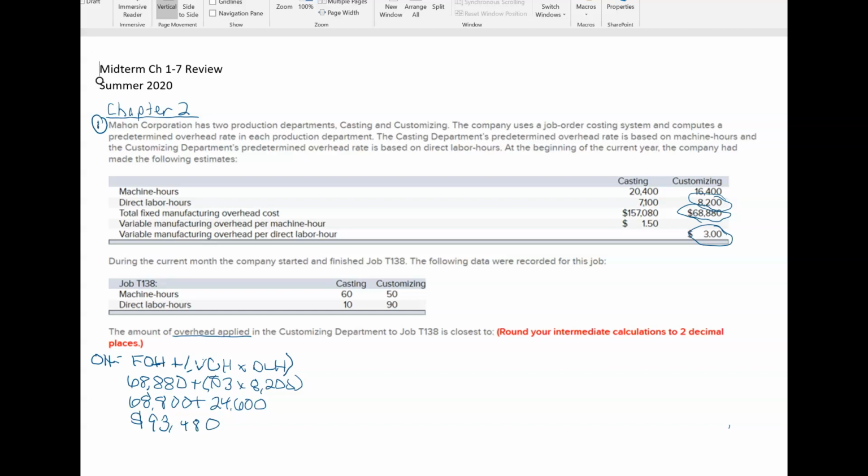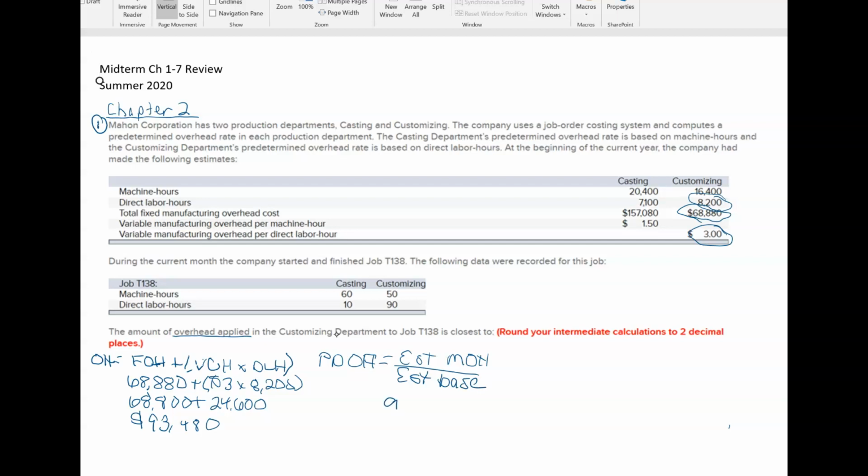Now that we know that, we can find our predetermined overhead rate. The first thing you need to do is get the total manufacturing overhead, and then use that to calculate your predetermined overhead rate. Our predetermined overhead rate is the estimated total manufacturing overhead over the estimated allocation base, which is direct labor hours.